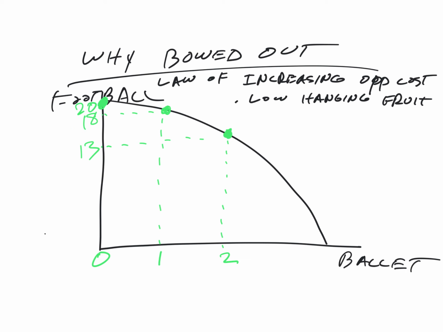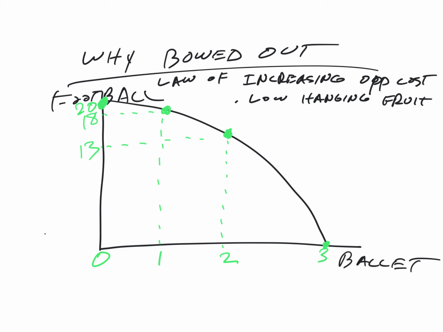Okay. Now, we are so excited. Our society is just doing great. So we decided, you know what? We're going to go all ballet. We're done with football. We're going to do ballet from now on, nothing but ballet. So we're going to go with that third ballet right there.